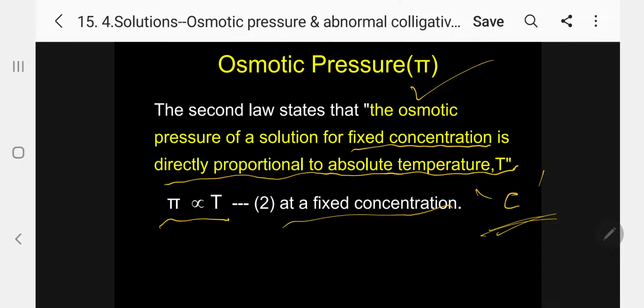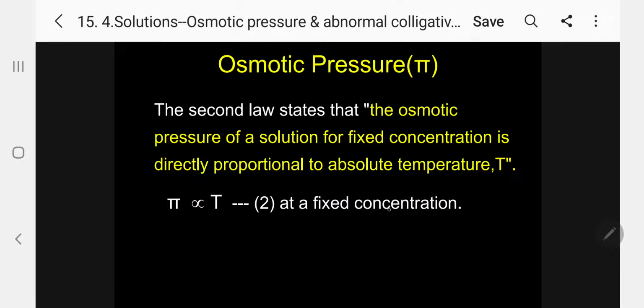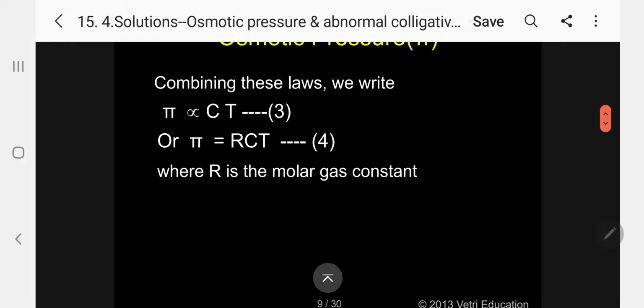Kindly follow. By combining these two laws, we can write pi is directly proportional to C and pi is directly proportional to T. So I can combine and write pi is directly proportional to CT, that is equation number 3.